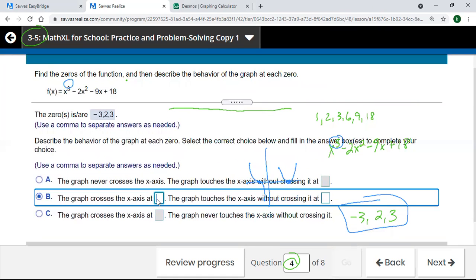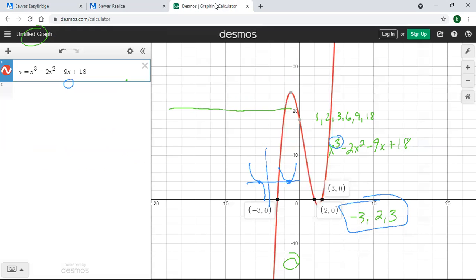So the graph crosses the x-axis at -3, 2, and 3. And the graph touches the x-axis. We don't have one of those. That's these bouncing off kind of ones. Ours crossed in all 3 places.